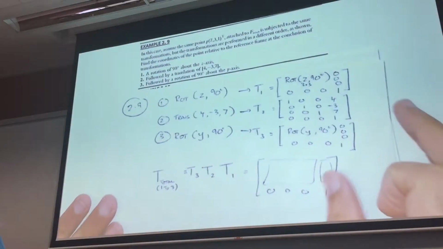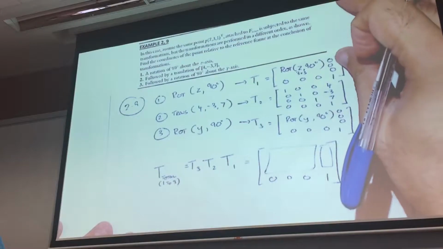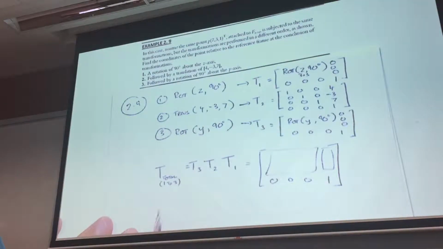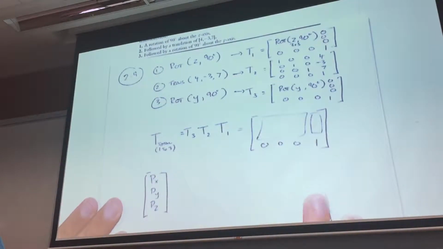So this is still not the end of the question. This is still just the second last step. So you want to find your global points, x, y, and z. Okay? It will be this T total that you found times your Pn, Po, Pa.